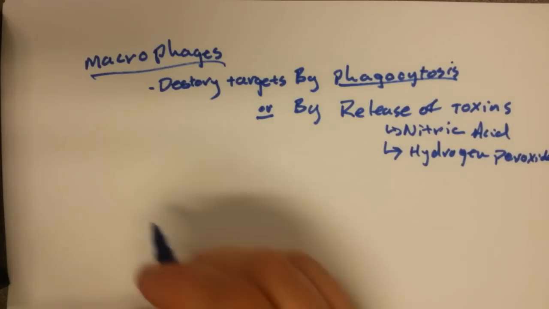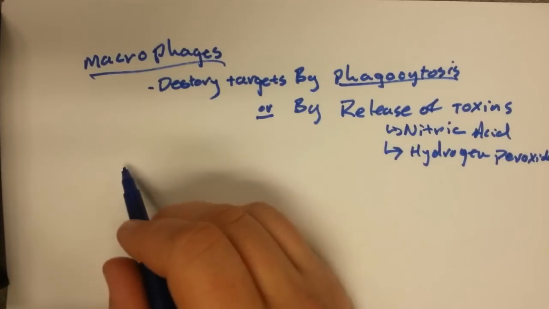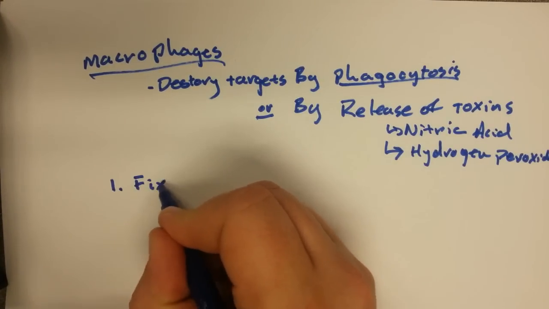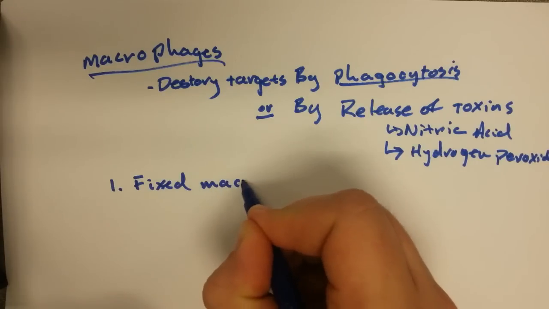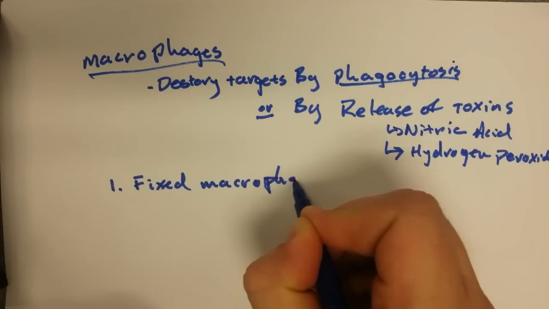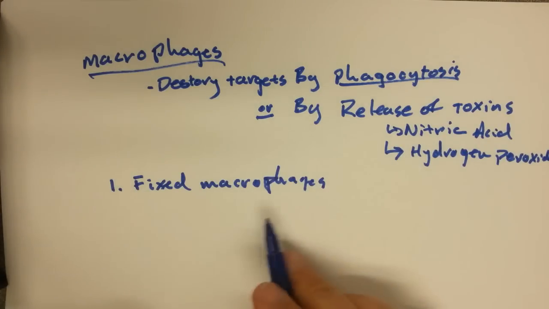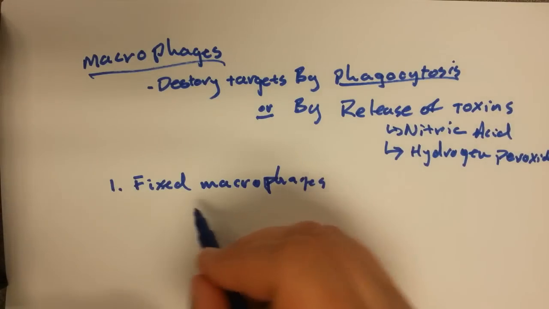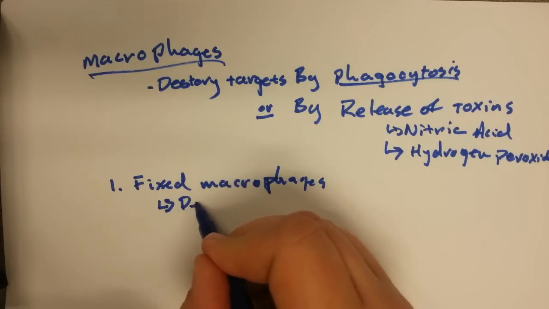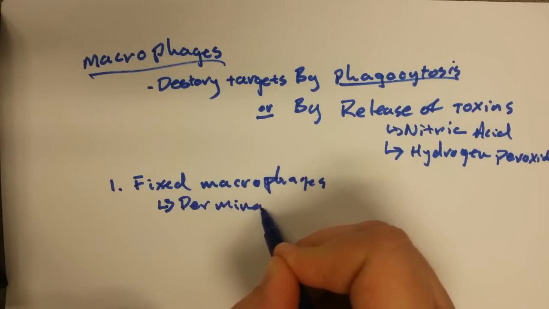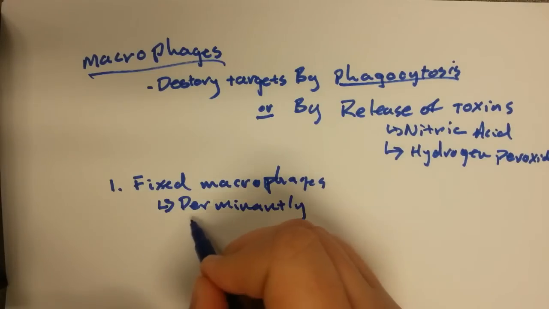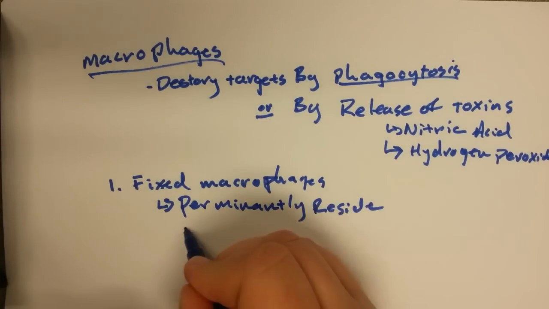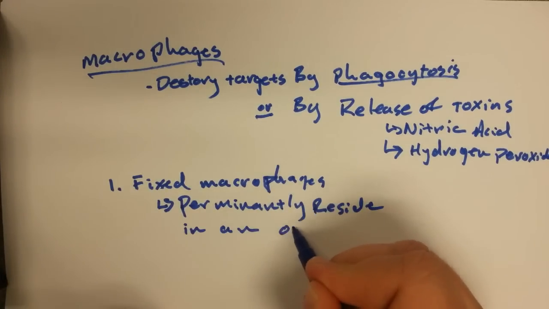So these macrophages can exist in sort of two states. One, there are fixed macrophages. So they're fixed macrophages which permanently reside in an organ.